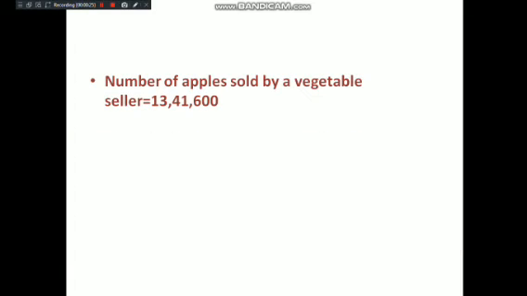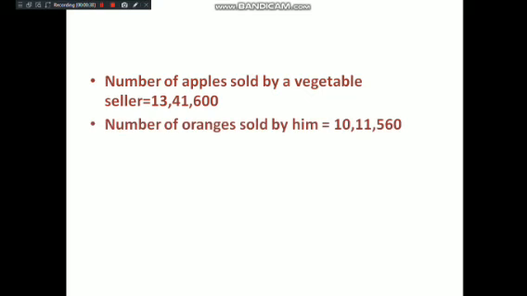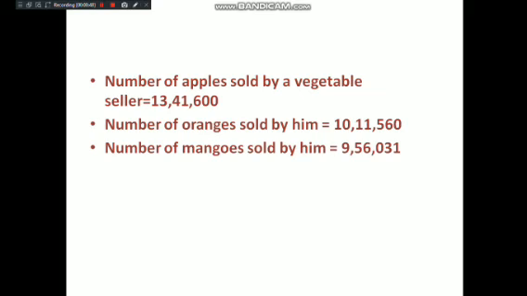The first statement is that number of apples sold by a vegetable seller is equal to 13,41,600. Statement 2. Number of oranges sold by him is equal to 10,11,560. Statement 3. Number of mangoes sold by him is equal to 9,56,031.